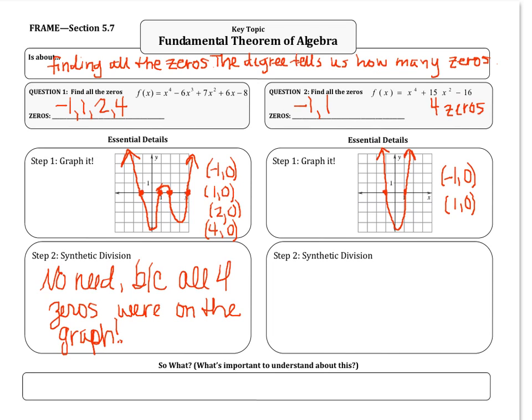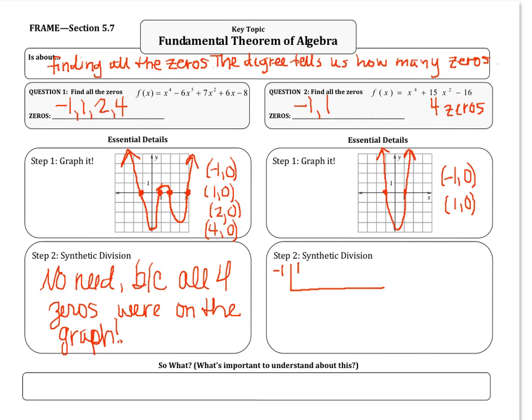We know those both go into this function evenly because they are zeros. So now we know we're looking for 2 more zeros. We're going to have to use synthetic division to do that, to find our 2 imaginary zeros. So I'm first going to take -1 and use -1 with synthetic division on my polynomial. So I have x to the 4th as my first power, so I need a 1 there.